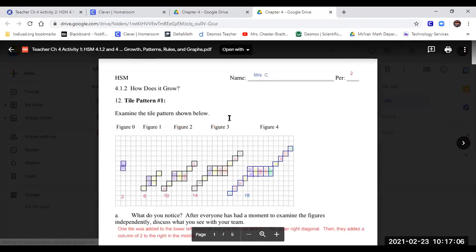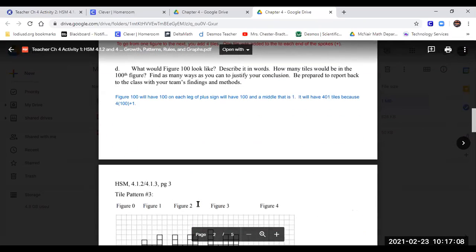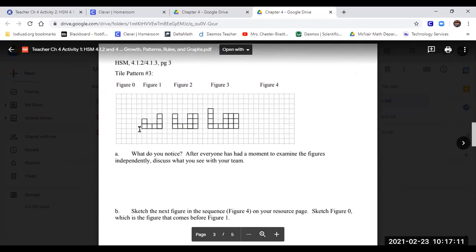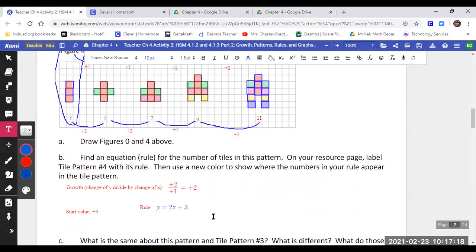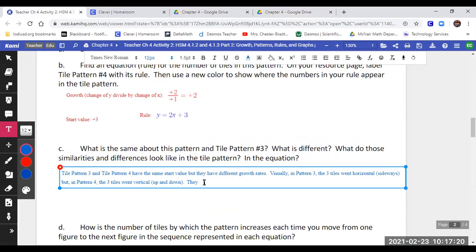What changed between figure 3, which started with 3, and then what happened? And figure 4 started with 3 and what happened? That's what's different, what happened after. They both started with 3. But what happened differently that we can see visually between them?